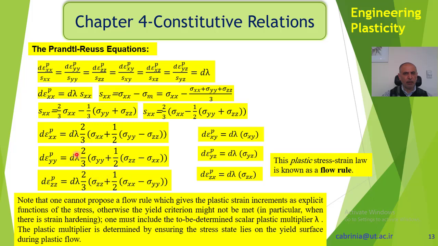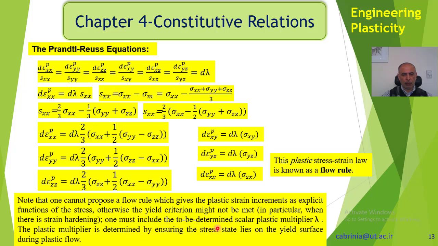Because this d lambda is an instantaneous constant and it's changing. As the stress increases, this d lambda changes. So this is not explicit. This is just for incremental strain, and it should be determined so that we meet the yield loci at all times.